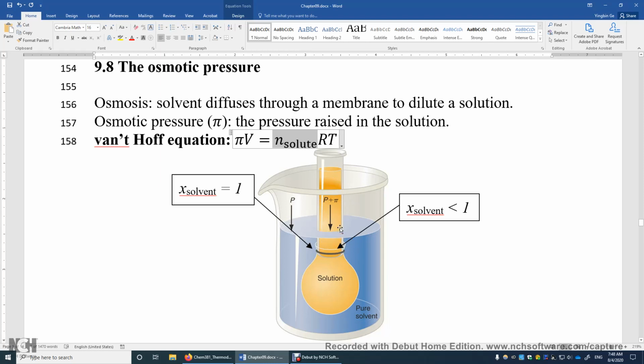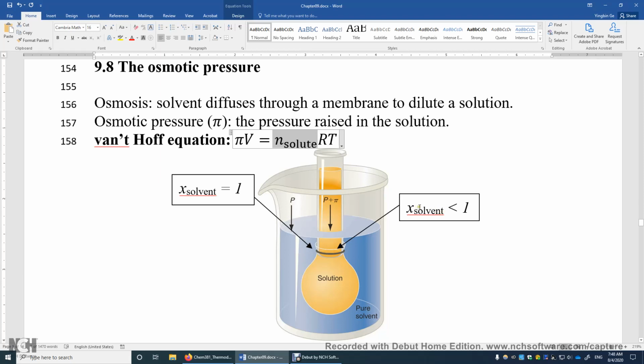So it seems the chemical potential of this solution inside is higher than the chemical potential outside, but that's not true because inside and outside are at equilibrium right now. So what's going on? Well, inside you have a solution. Remember, the mole fraction of the solvent is less than 1. It's less than the mole fraction of the solvent outside.